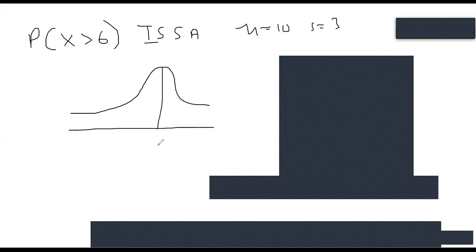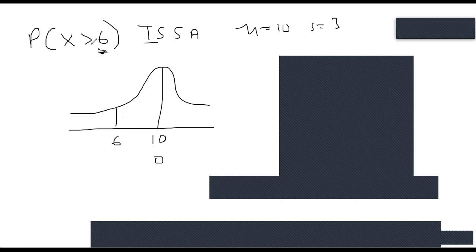What is in the middle? 10. We know 10 is equivalent to 0. Okay, then let's locate where the 6 is based on the 10, on the left or on the right side of 10. Where's the 6? On the left side. And where are we going to shade?